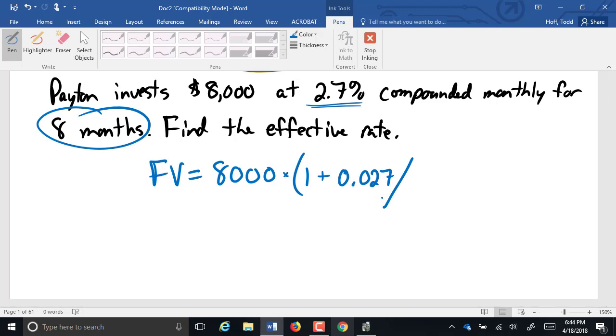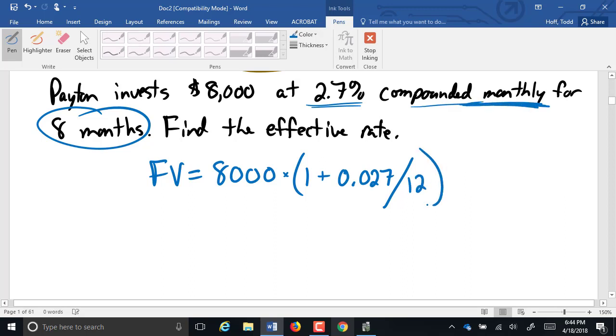How many periods are in a year? It's monthly, so it's still 12 periods in a year, even though it's only 8 months, right? How many periods? 8, yes. Well, there's 8 months. It's 1 period a month, so it's just 8 periods.